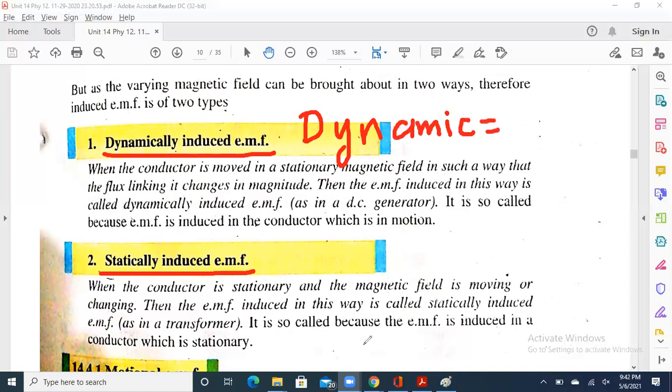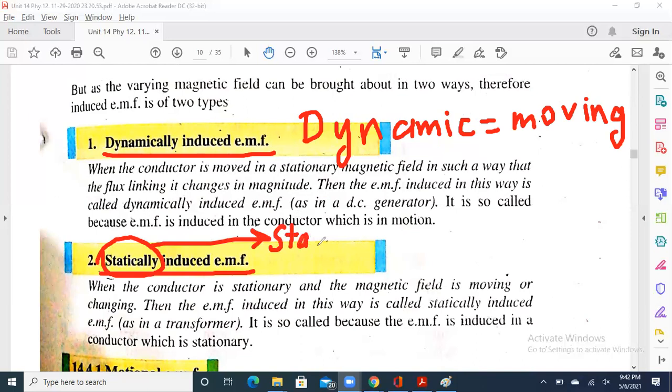Dynamic means moving. And what is meant by static? Although you are already aware of it, I have to tell you again. Static means not moving, or stationary, or at rest.